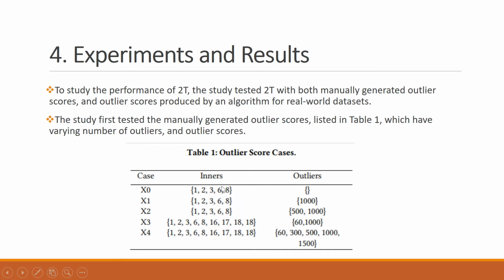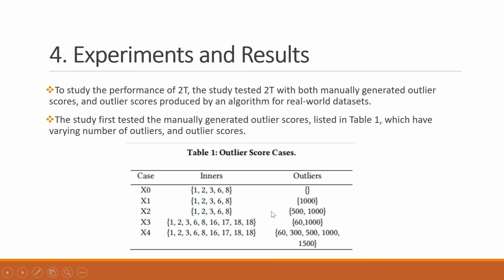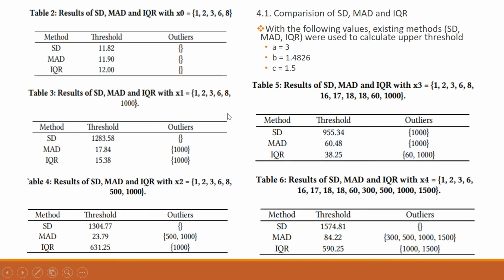So we can only calculate T max to separate the outliers. We have not added any outlier on the lower side, so we don't need to calculate T min. So for X0, the thresholds didn't mark any data as outlier, which is good.